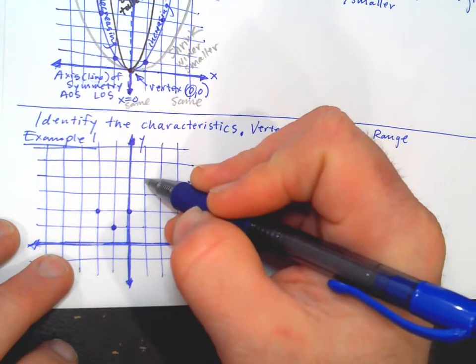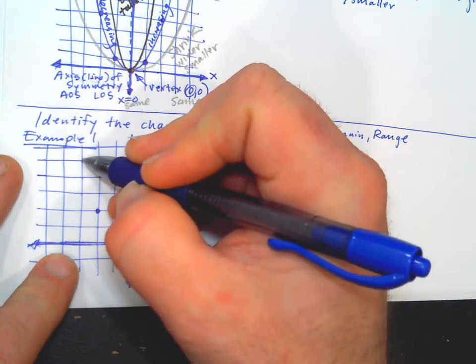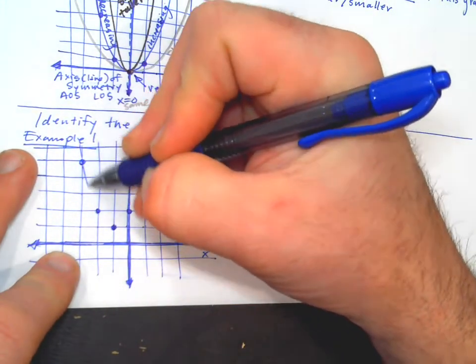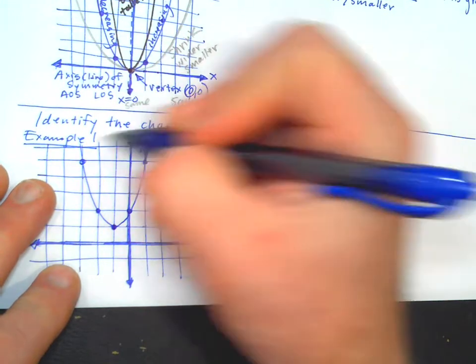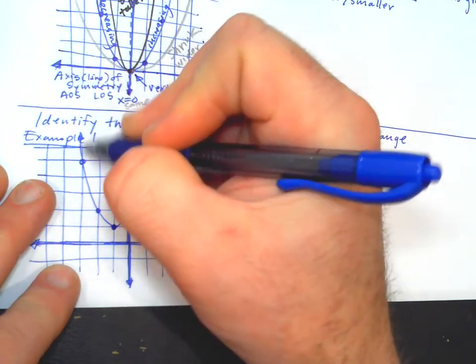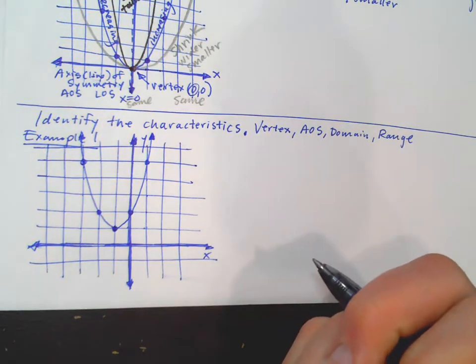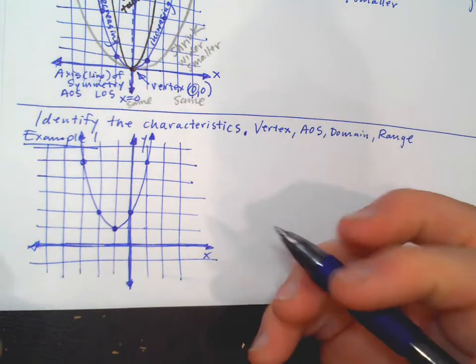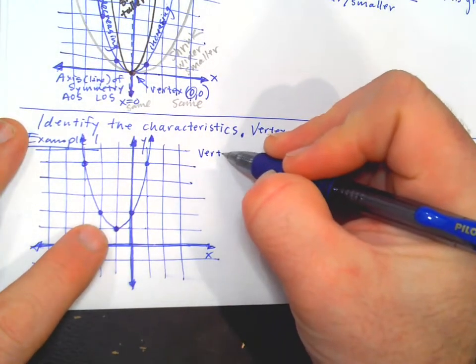Left 1, 2, up 1, 2, 3, 4. So this is the graph you'll have been given. We put arrows on the ends because that means it keeps going up and to the left and the right forever. So we want to figure out, what's the vertex?